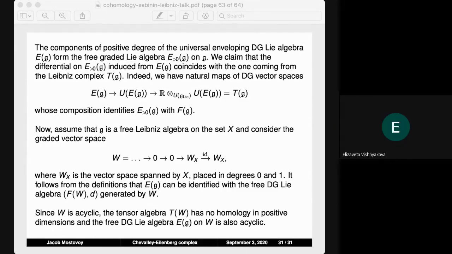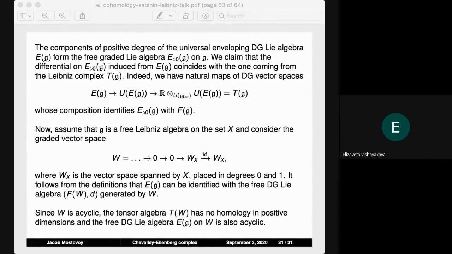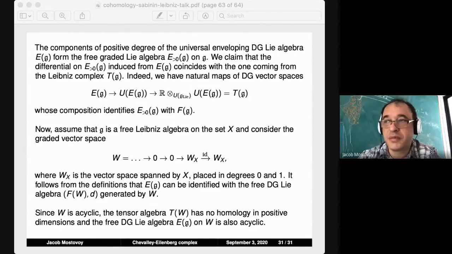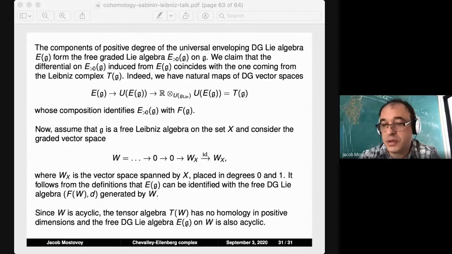Thanks a lot. Okay, another question. You mentioned DG manifold. For Sabinin algebras, can you construct some kind of DG manifold? Well, the DG manifold here is actually, it's not even necessary to say that it's a DG manifold.